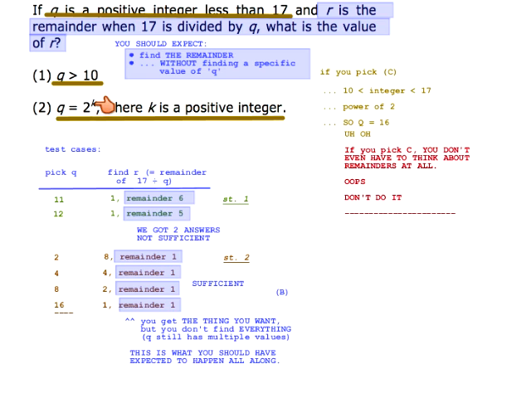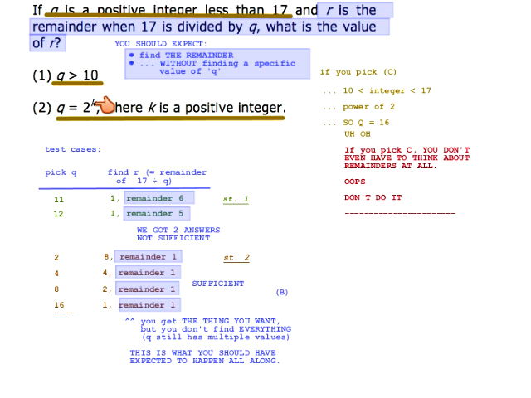Remainders you can't do algebraically, so you don't really have a choice. If you try setting this up algebraically, you should quit after about 5 seconds because you should realize that you can't do it.